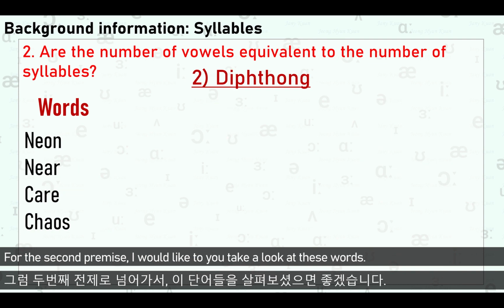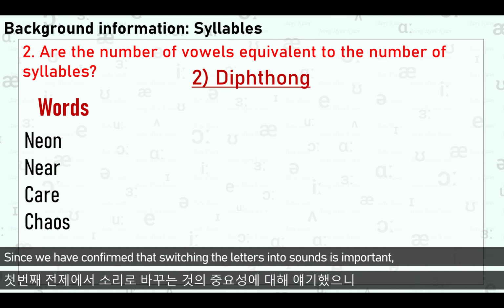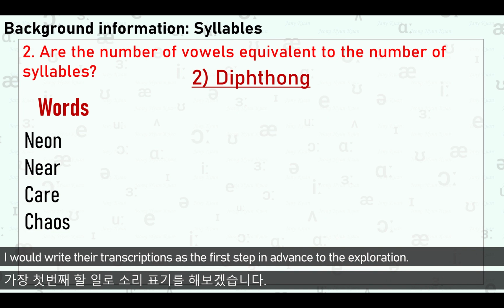For the second premise, I would like you to take a look at these words. Since we have confirmed that switching the letters into sounds is important, I would write their transcriptions as the first step in advance to the exploration.